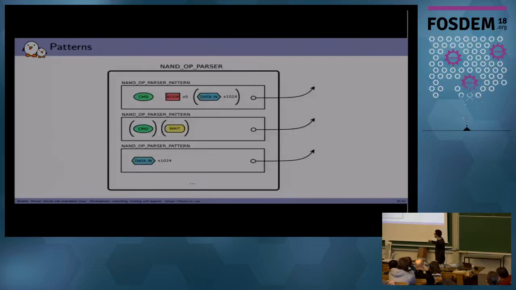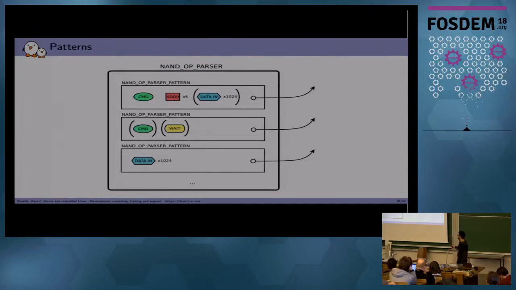This is an example of what an array of supported patterns can be. It's a bit simplified, of course, just for the example. The first pattern is one command cycle, up to 5 address cycles, and maybe, if you need it, also up to 1024 data cycles.